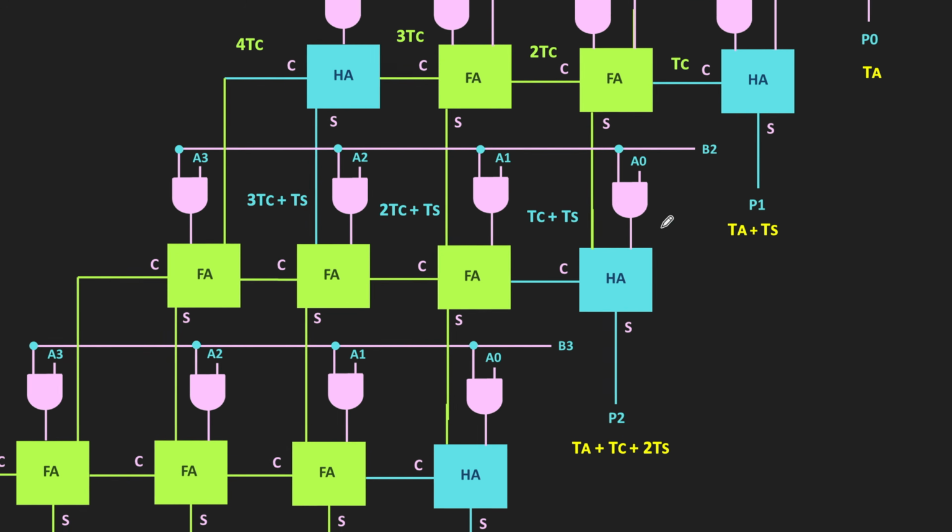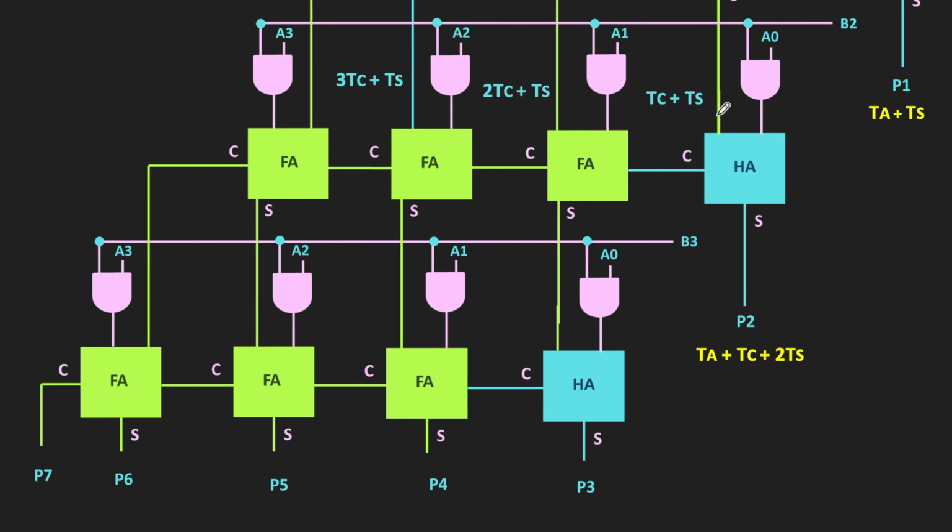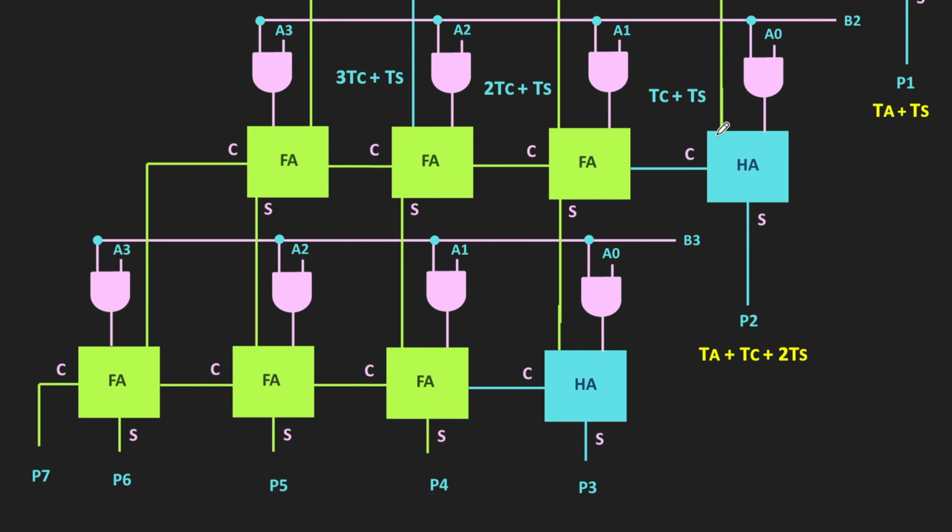Now if we come to the next row, one of the inputs to this half adder is available after the delay of TC plus TS. That means it can generate the valid sum output after the additional delay of TS. Or we can say that its output will be available after the delay of TC plus 2TS. And of course, over here, we need to consider the delay of the AND gate.